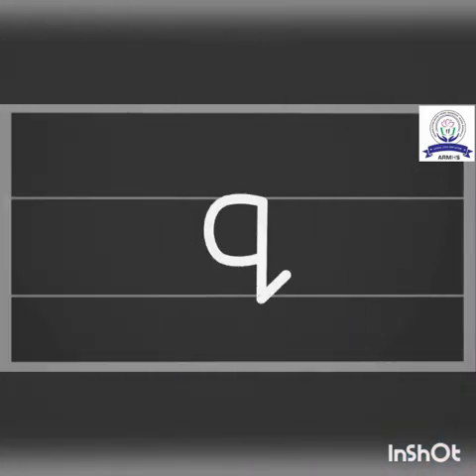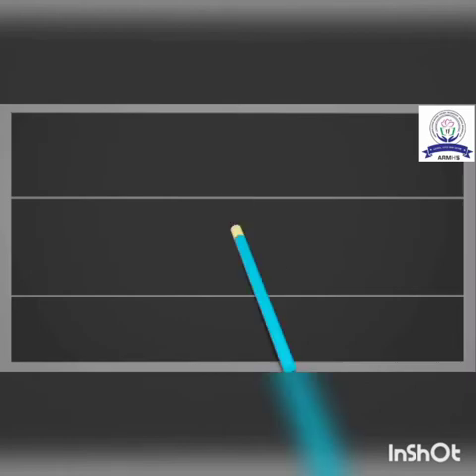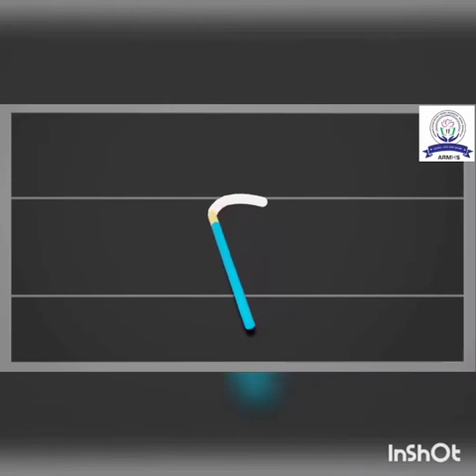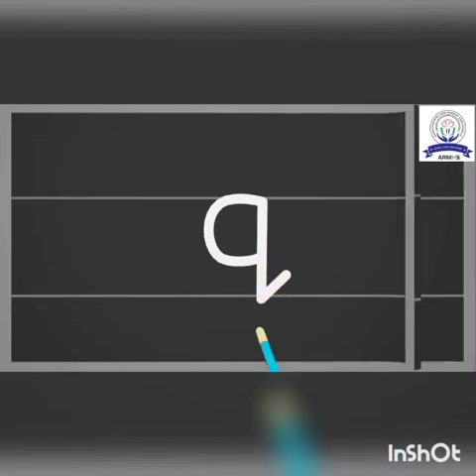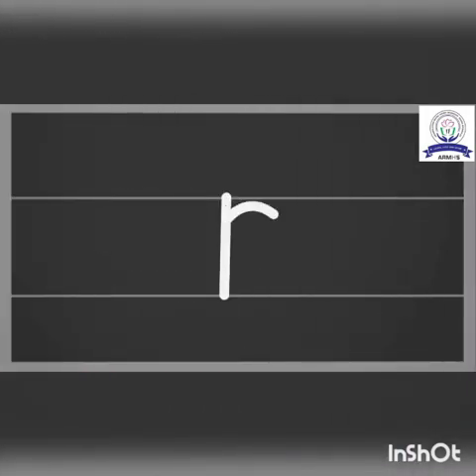Next letter small q. Start from the middle and make a small c. Next go to the middle again. Draw a standing line to touch below the bottom. Small r.